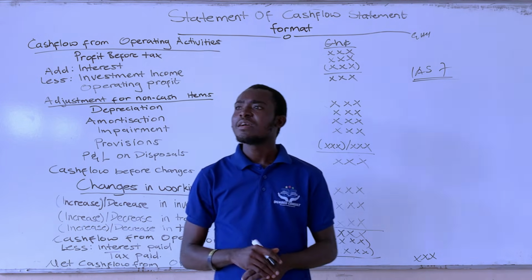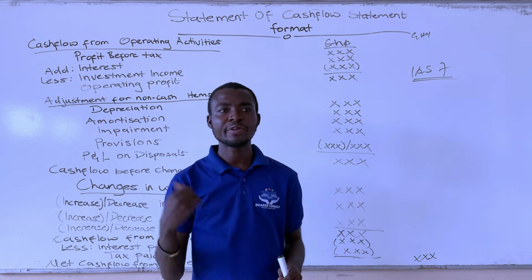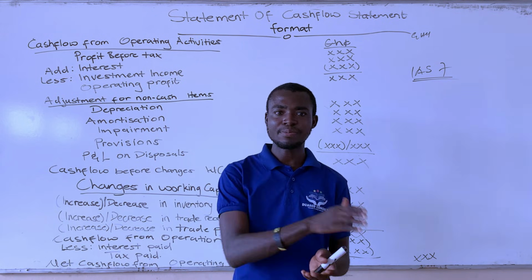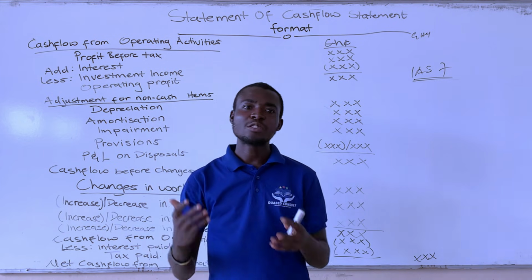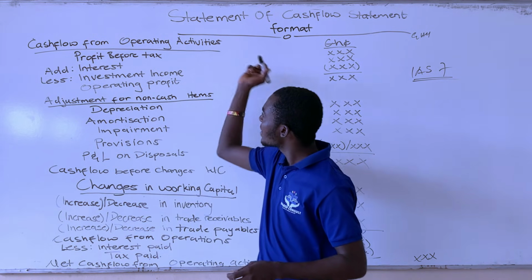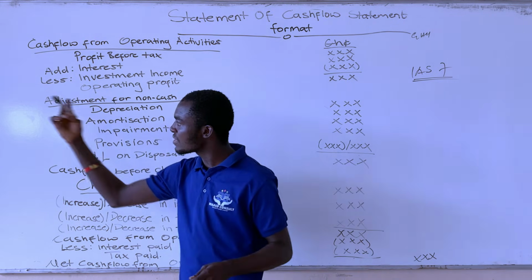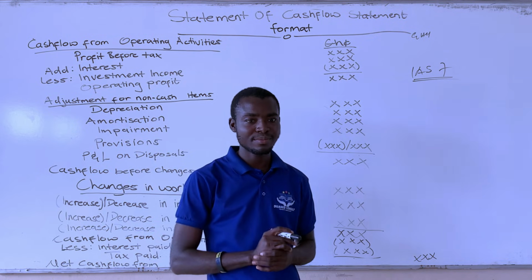So every organization has three main sources from which they generate cash and in which they make expenses too. These are the components of the cash flow statement: operating activities, investing activities, and then financing activities.